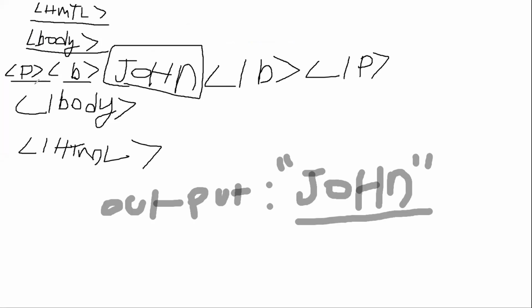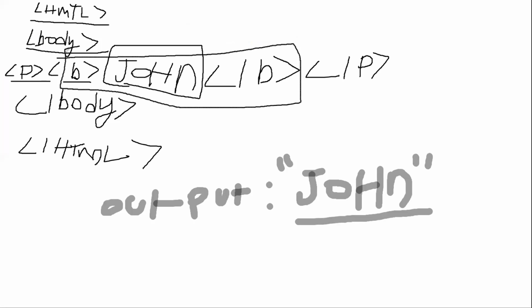HTML, body, paragraph, bold. So within the bold tag, you look at this here. Carefully look at it. Within the bold tag, whatever text I specify, the text is John. So only this text you will get bold.